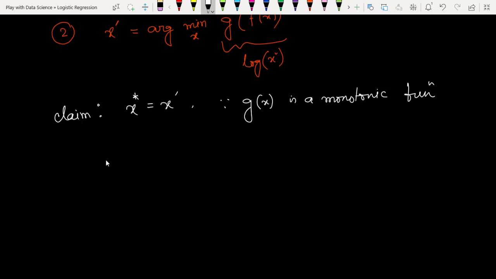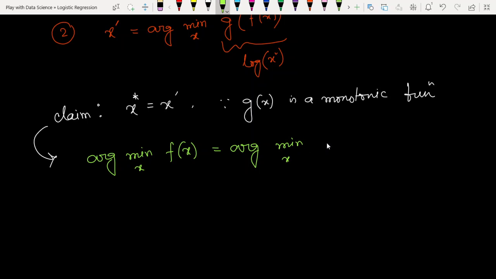Now if we write it in mathematical language: arg min of x, f of x, that is x star. If x star is x dash, then arg min of x of g of f of x.